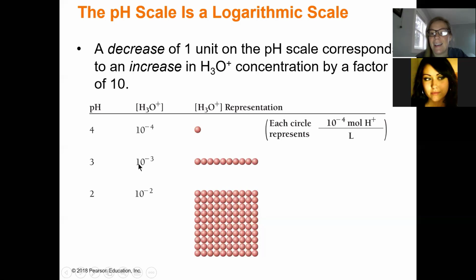So a 10 jump. That means that if I go from 3 to 2, I'm not increasing just by a factor of 10, but I'm actually increasing from the original 4 by a factor of 100, or 10 and then 10 again, which gives us 100. So it's a logarithmic scale.